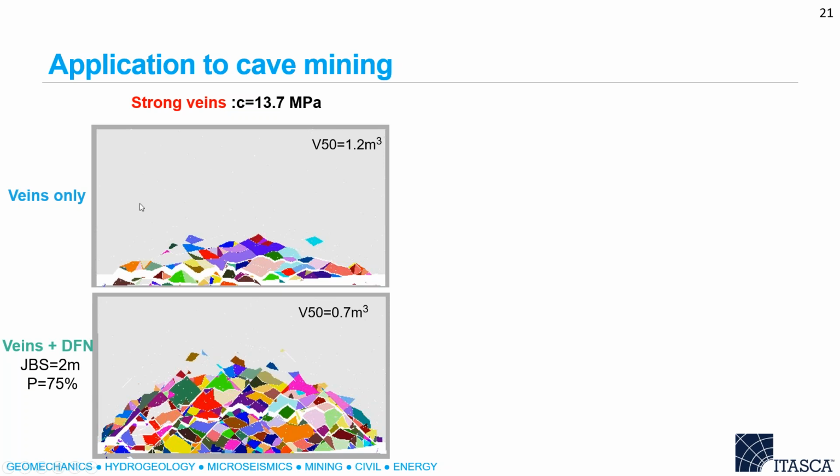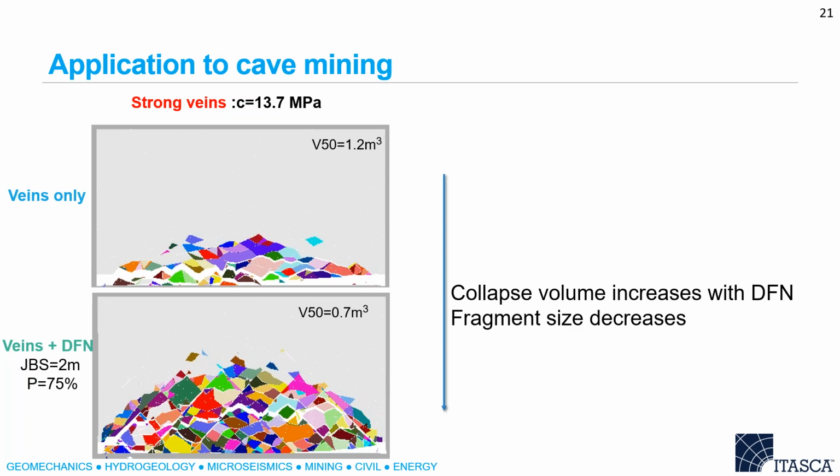If we add to a BBM model a discrete fracture network, we also have an increase in the volume of fragmentation and a decrease in the fragment size.